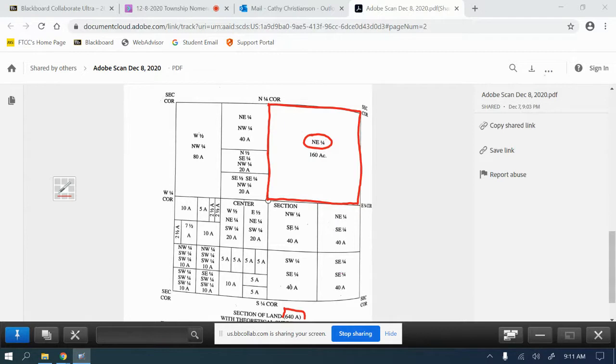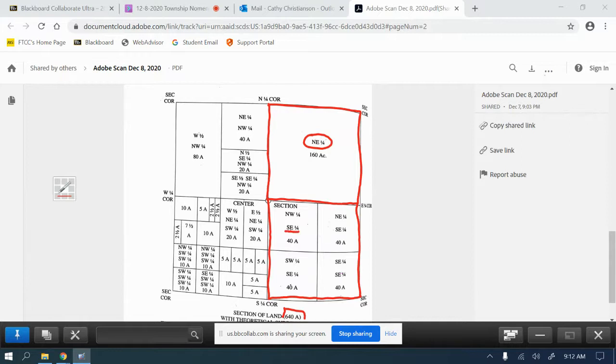It's 1/4 of the whole 640 acres. All right, then they broke down section 2. And this is kind of like our quadrants. Northeast is 1. This is the southeast quadrant. So there are 4 broken down there.